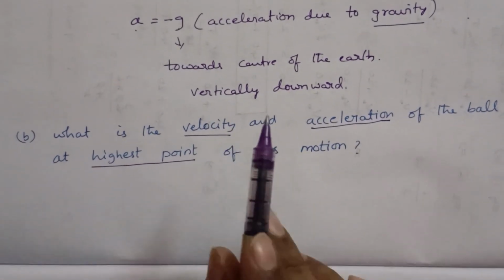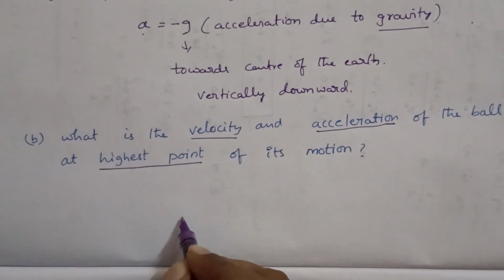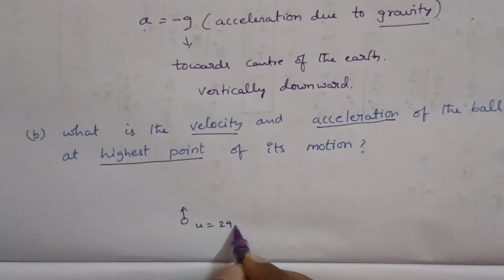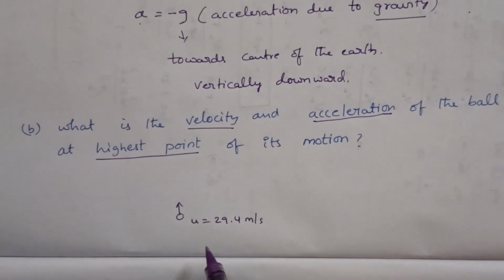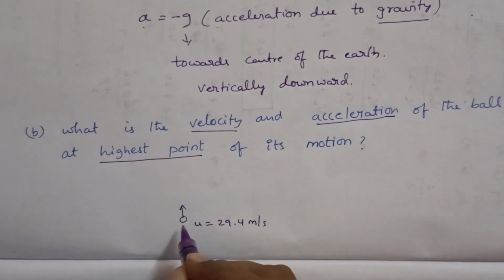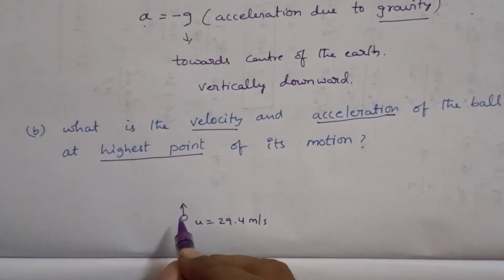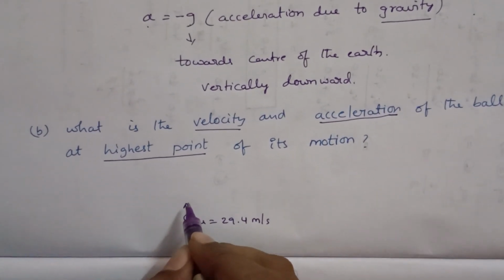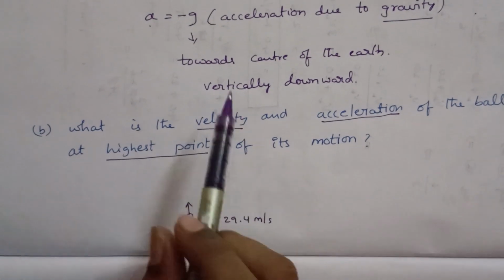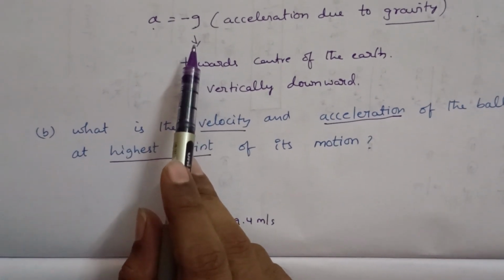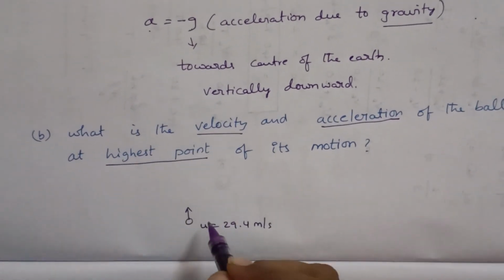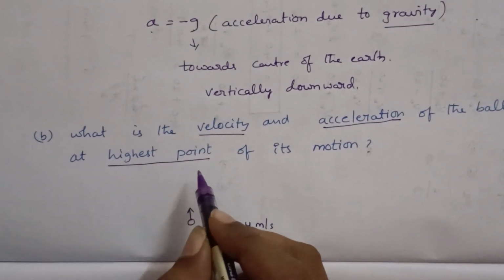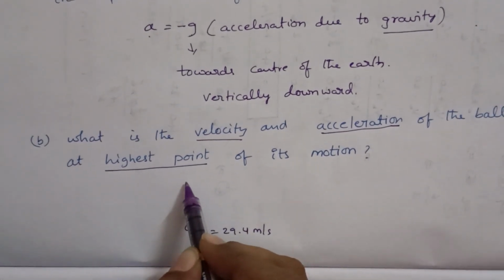When the player throws the ball upward with initial velocity 29.4 meters per second, because g is acting downwards, its velocity slowly reduces.